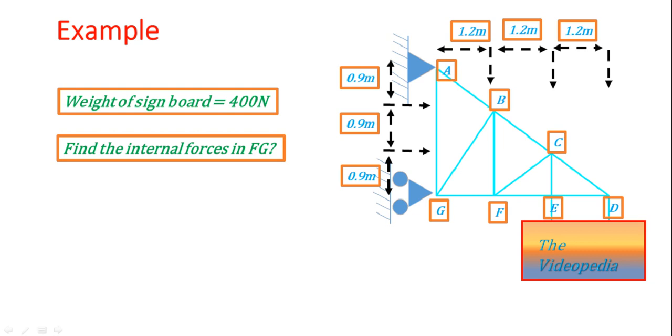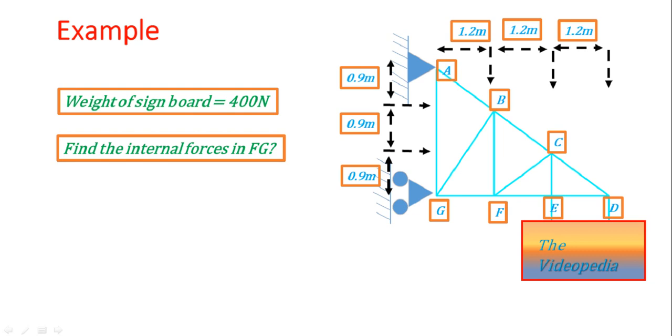Now think about what will happen because of this weight. If you analyze this, you know that the weight of the sign board will tend to pull the truss away from the wall at joint A, forcing the wall to push to the right at the joint G. So therefore the members along the top of the truss will be in tension, and the members along the bottom will be in compression.